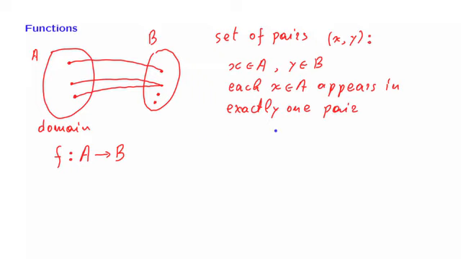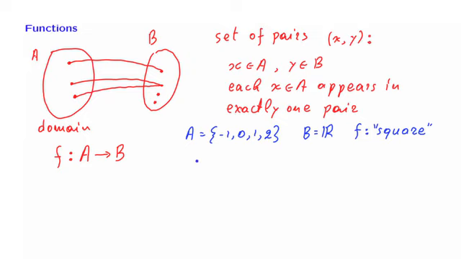As a concrete example, let us start with the set A consisting of these elements here. And let B be the set of real numbers. And consider the function that corresponds to what we usually call the square. So it's a function that squares its argument.